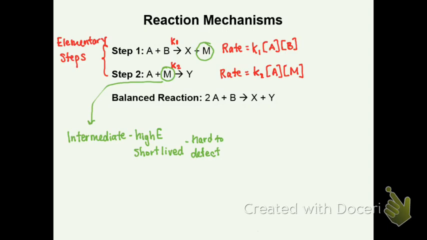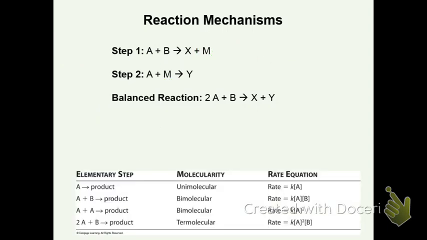A couple of other terms that are related to reaction mechanisms. The first is what's called the molecularity of the reaction. If we have a single reactant converting to a product, this is a unimolecular elementary step. If we have two reactants reacting to form products, the reaction is bimolecular.